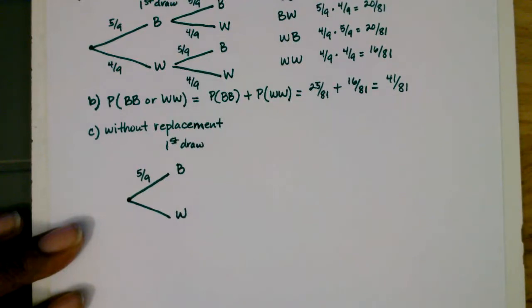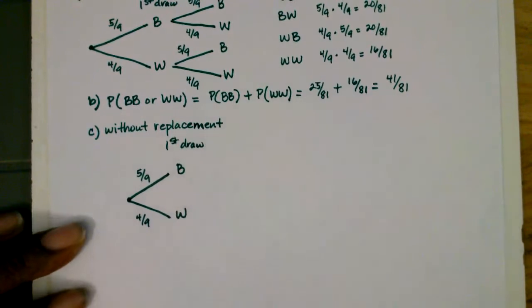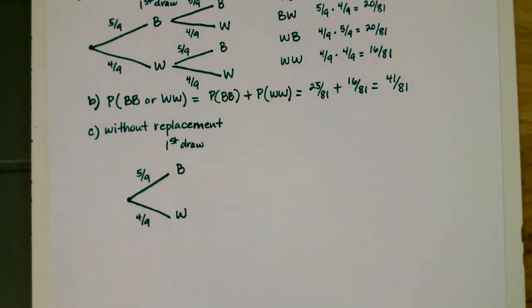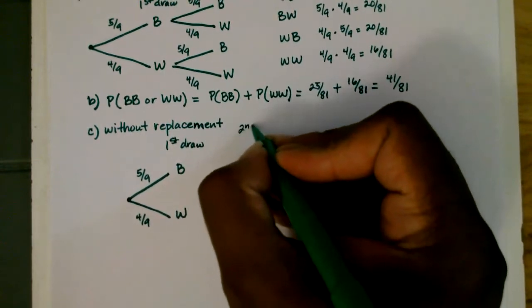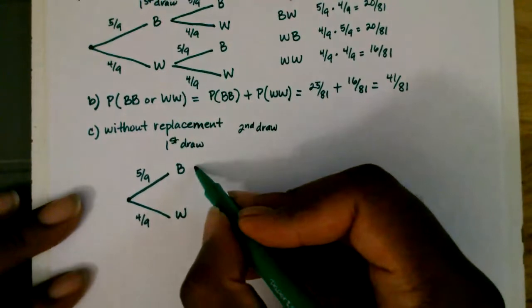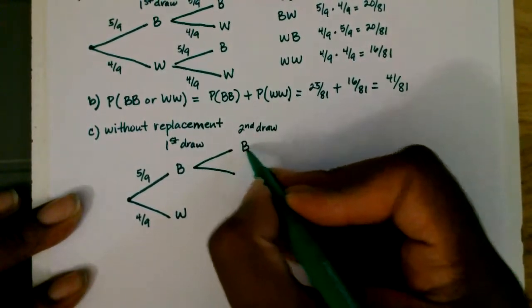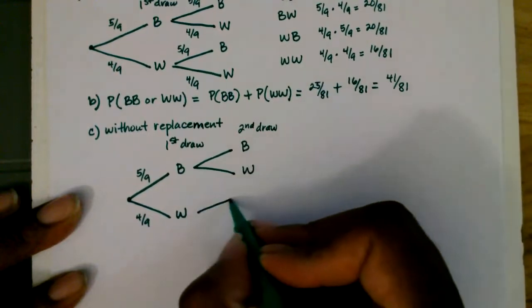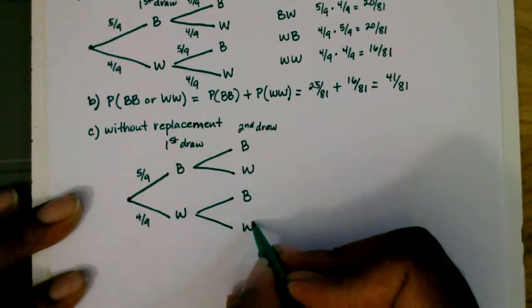And there are 4 white balls, so the probability of selecting a white ball on the first draw will be 4/9. And now on the second, could be a black or white. And then for this one, black or white.